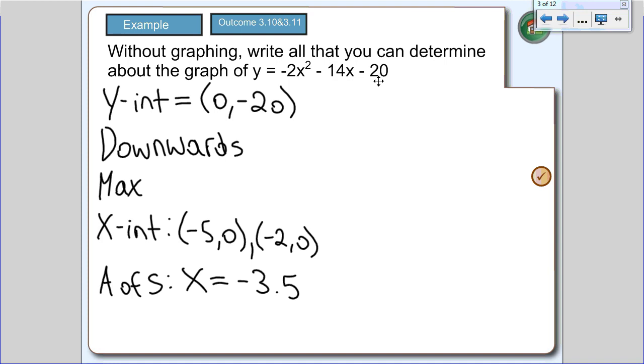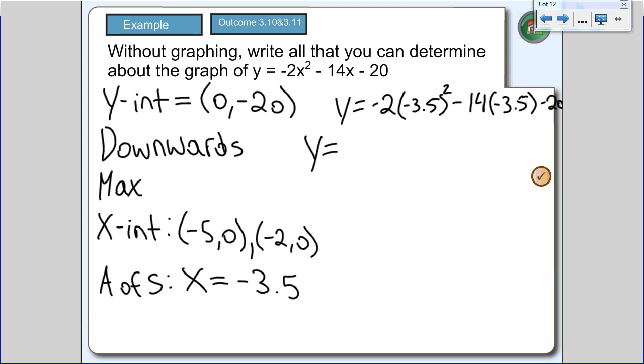That's your vertex. So y is equal to -2 times -3.5 squared minus 14 times -3.5 minus 20. That means y is equal to, you're using your big one. 3.5 squared times -2.